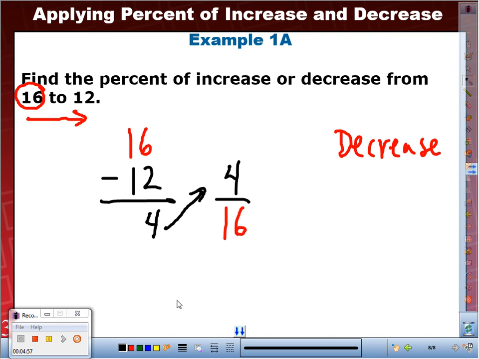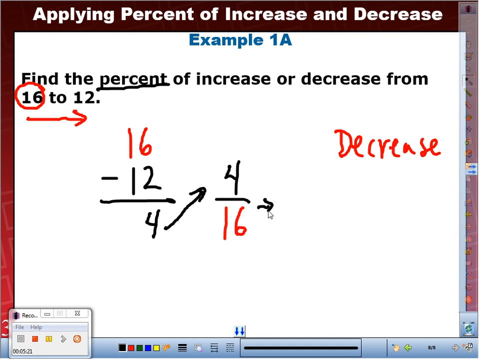Now, last week we did a lot of exercises changing fractions to decimals and decimals to percents. Because what are they asking us for? The percent. So therefore, here's a fraction. What do I do to find the decimal first? Divide.